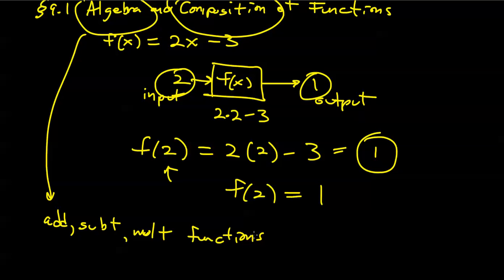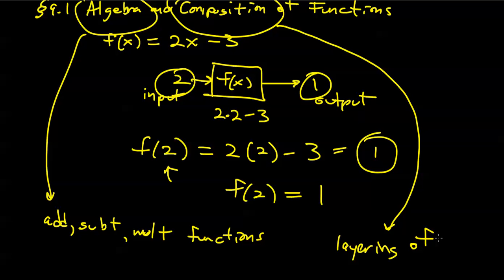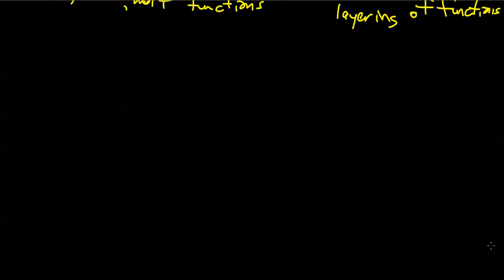Composition of functions is something else. Basically, we'll be layering functions. I like to call it a layering of functions, one on top of the other. And we'll talk more about that once we talk about algebra of functions. So that's where we're headed today.